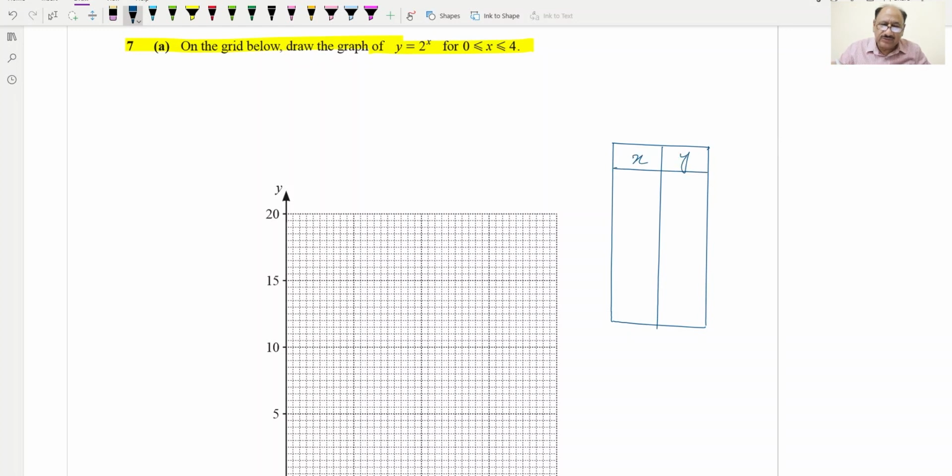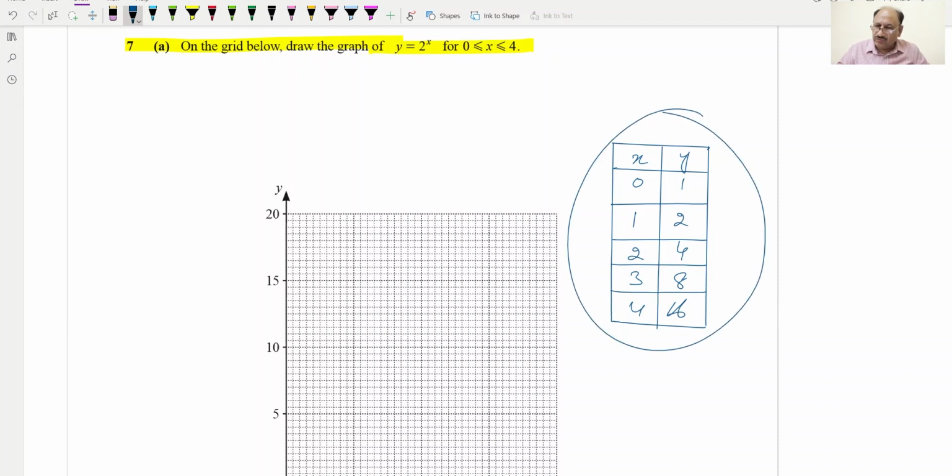If x is 0, 2 raised to the power 0 is 1. For x value 1, 2 raised to 1 is 2. For x value 2, 2 squared is 4. For 3 it will be 8, and for 4 it will be 16. This is the table of values we will use to draw the graph.